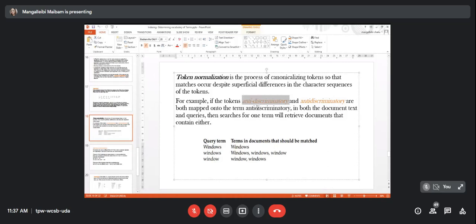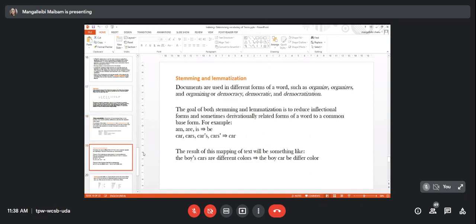So this is mapping onto the same word in both the document text and queries, so that we can easily search the term for retrieving the documents.